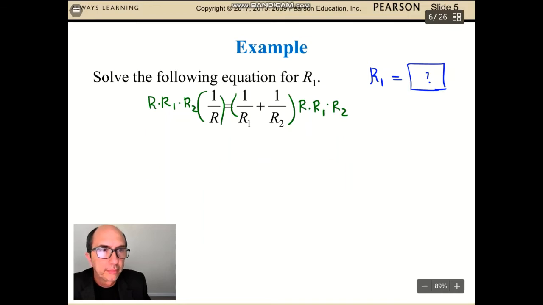Okay, now we will apply the distributive property, and I will do this step by step so you see everything that we are doing.